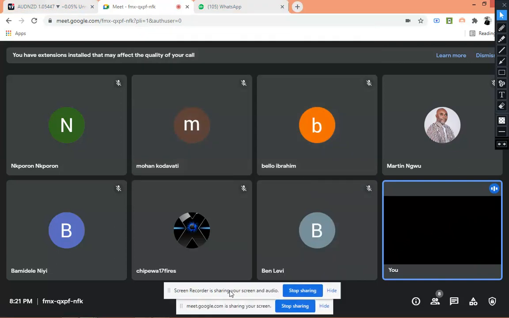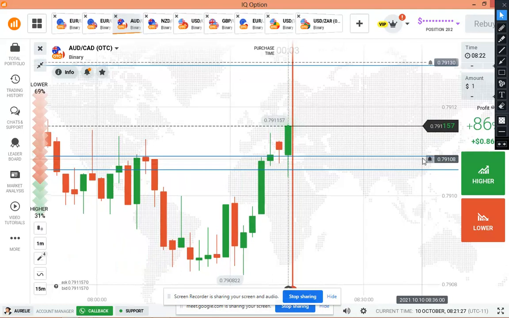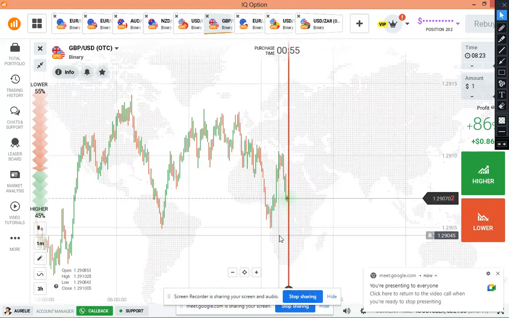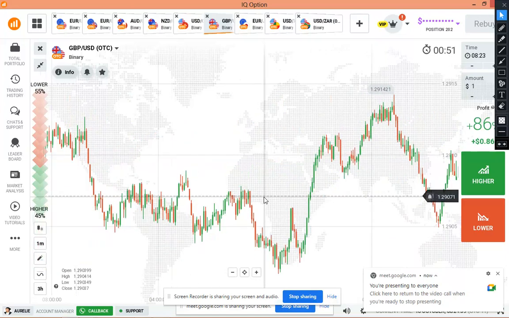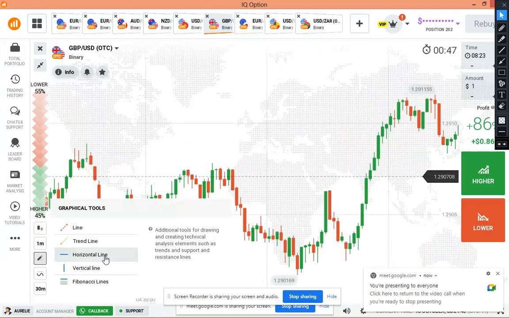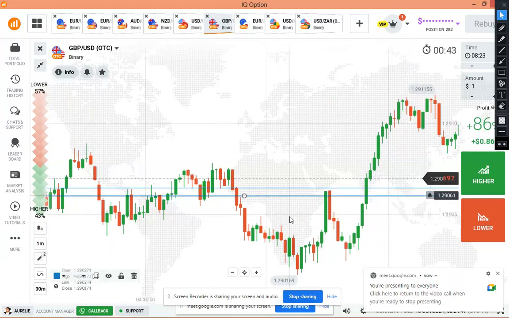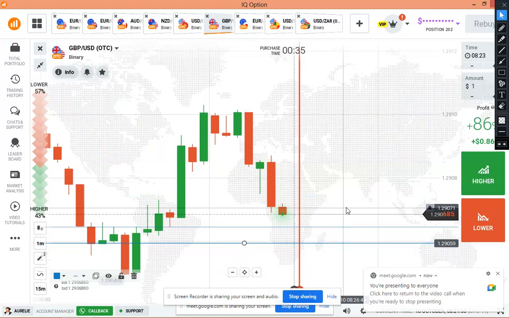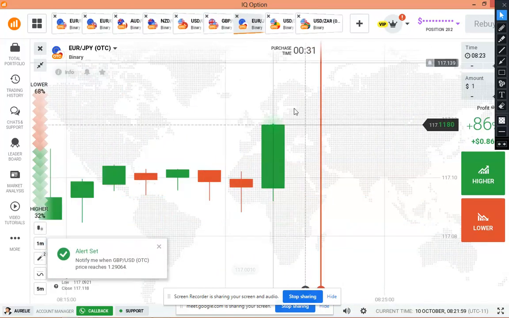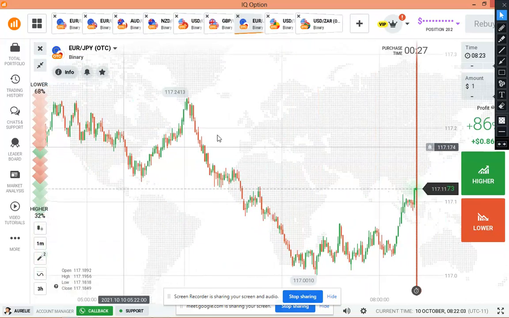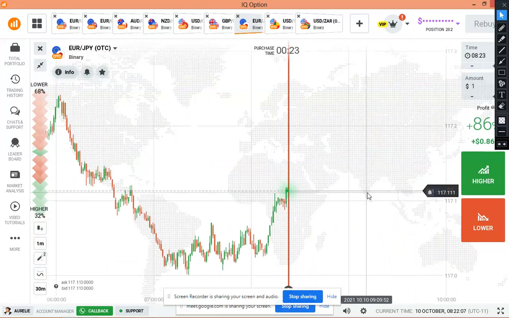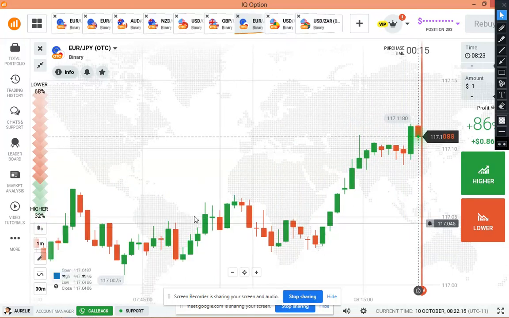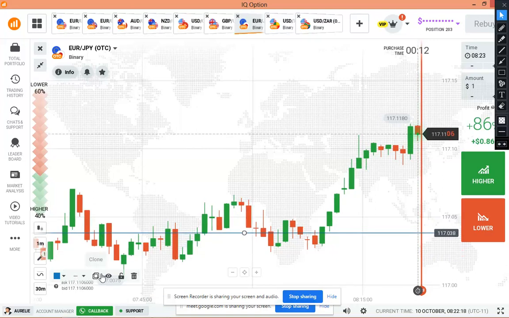I hope you guys understand the setup. So I'm trying to draw the zone so that once the price reaches the zone, then we can be notified.